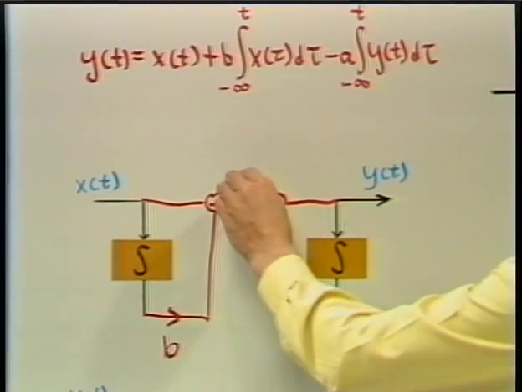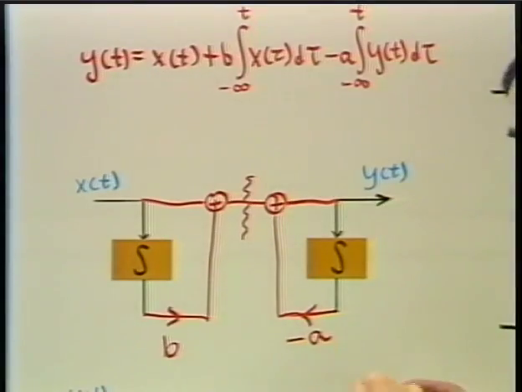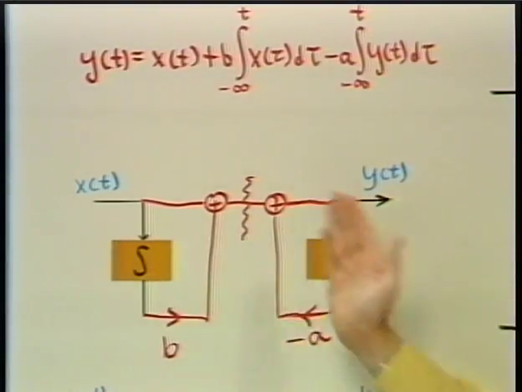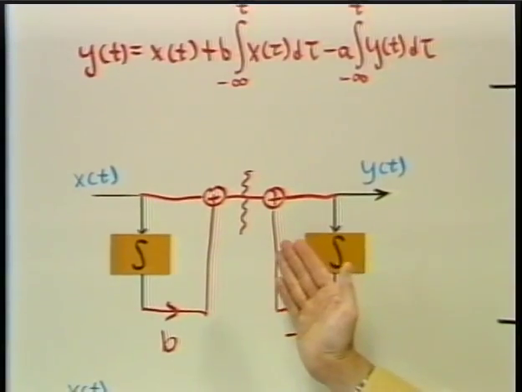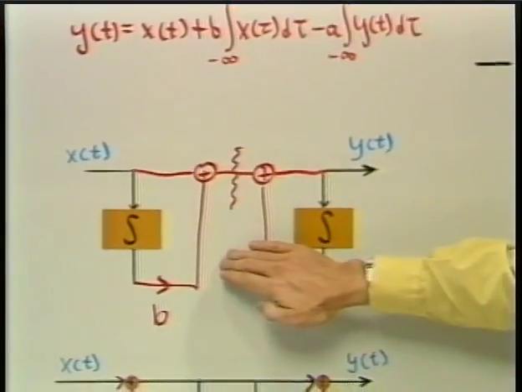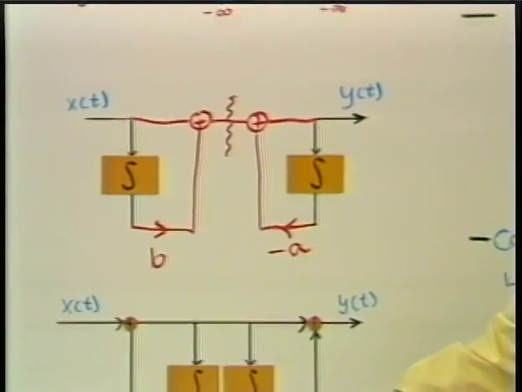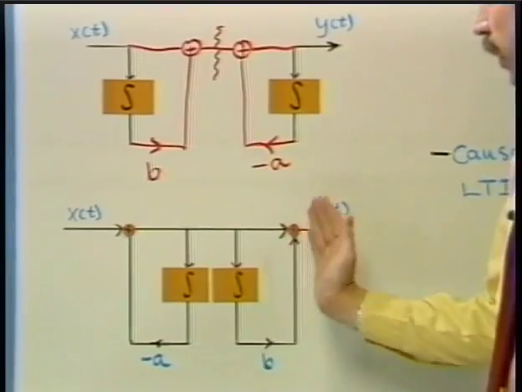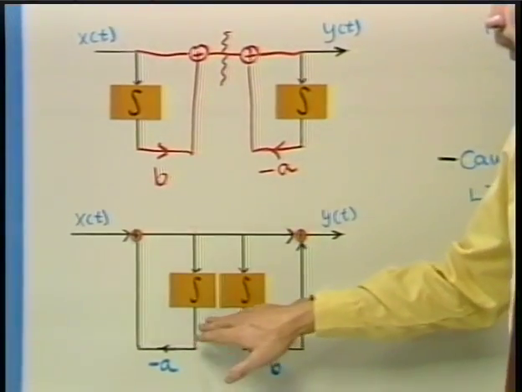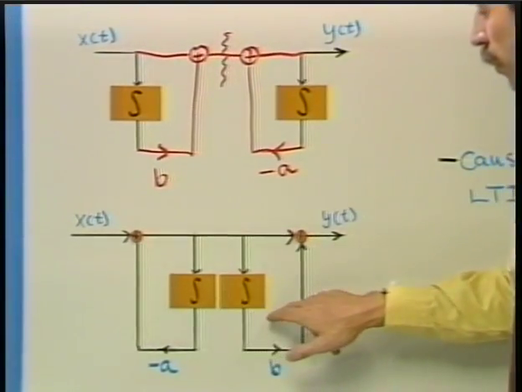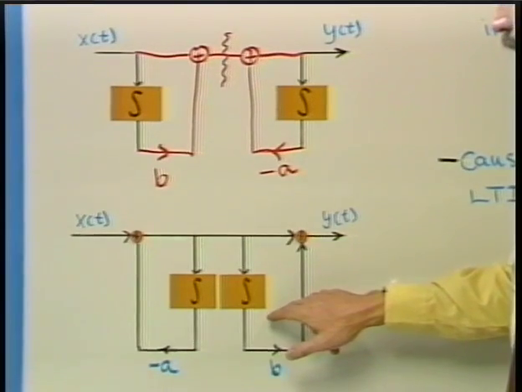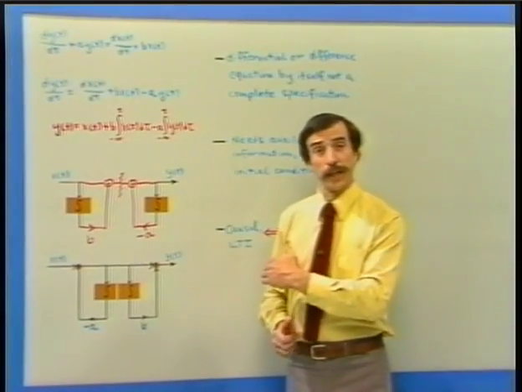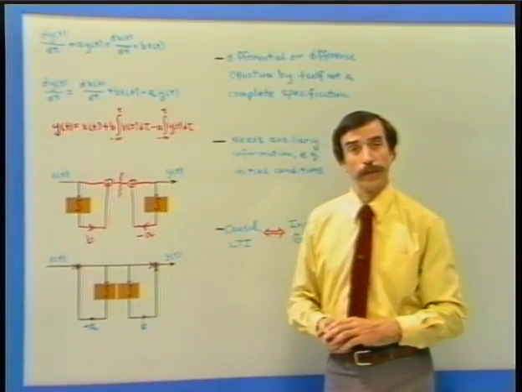So we can, in fact, break this and consider interchanging the order in which these two systems are cascaded. And so I've indicated that down below. Here I've simply taken the top block diagram and interchanged the order in which the two systems are cascaded, and again we can ask what the advantage is to this as opposed to the previous one.